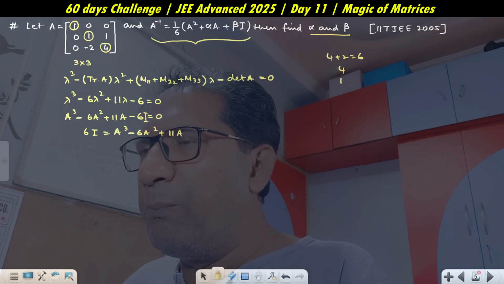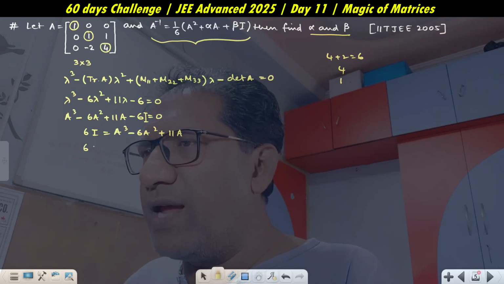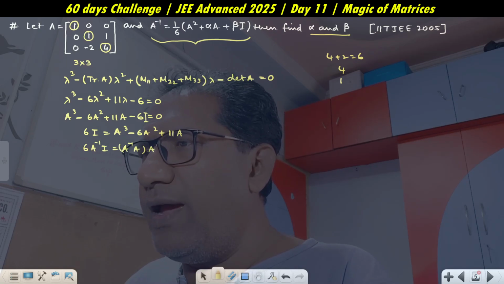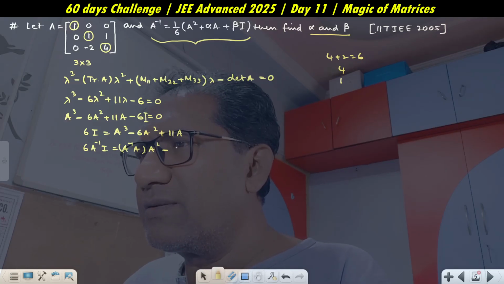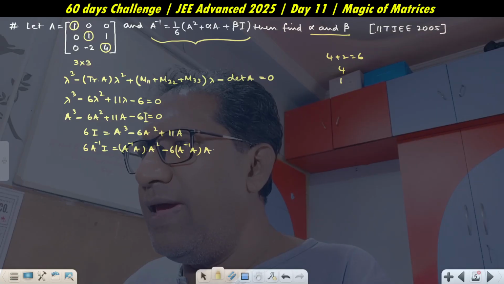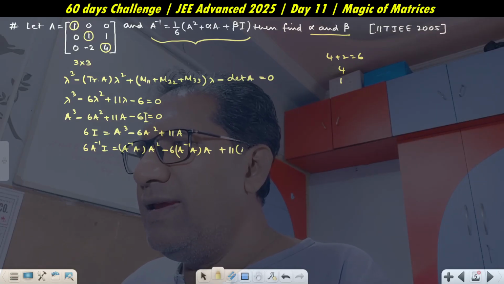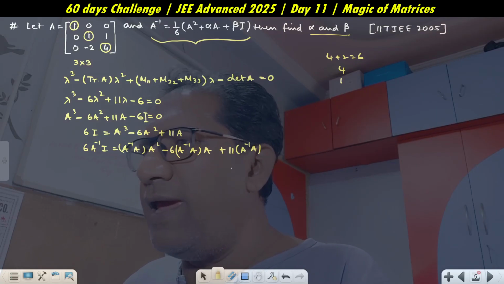Now, if I pre-multiply with A inverse, we are going to have A inverse A cube minus 6A inverse A square plus 11 A inverse A, right?